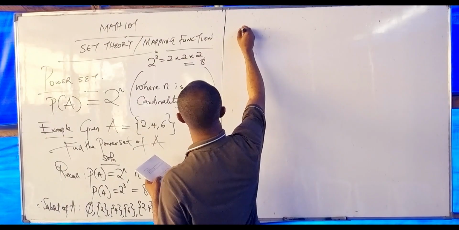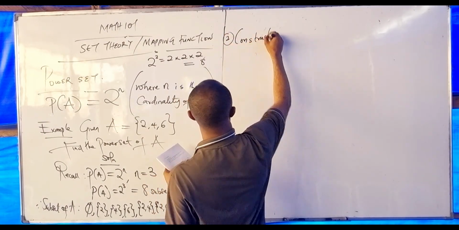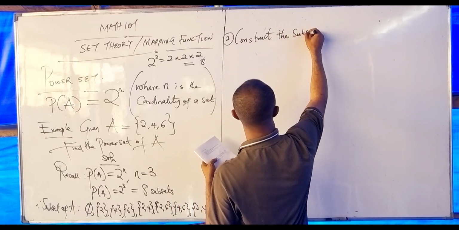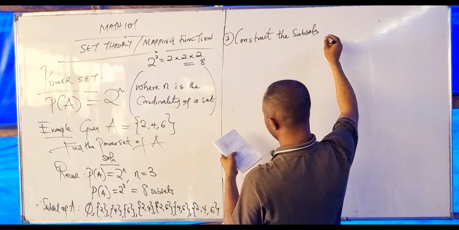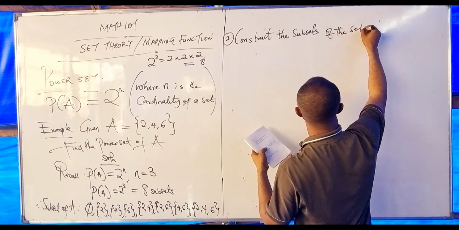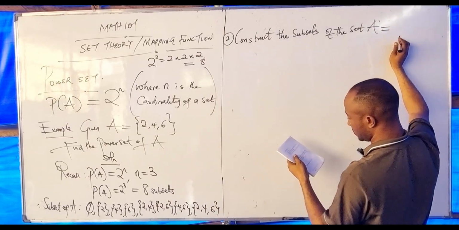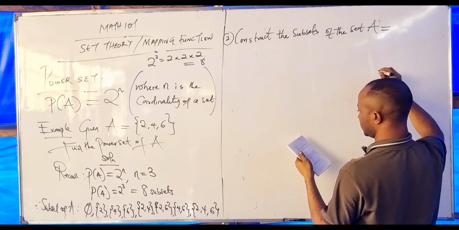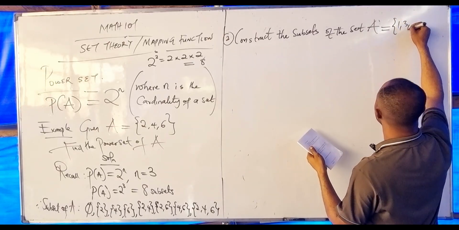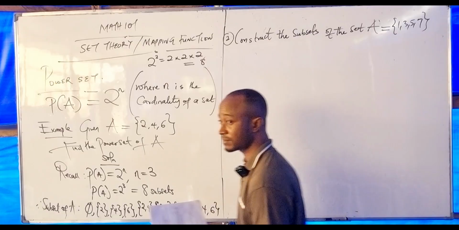Now let's look at this. Construct the subsets of the set A equals 1, 3, 5, and 7.